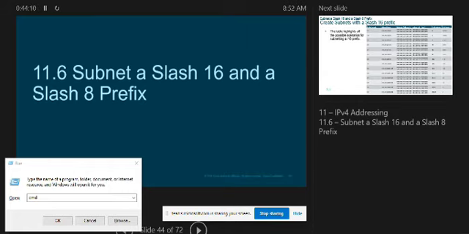All 1s in the host field added to the network number gives us, it's not an IP address. I actually had it written on here twice. I heard somebody say it. Broadcast. Tess said broadcast. He's just real quiet. Can't hear.